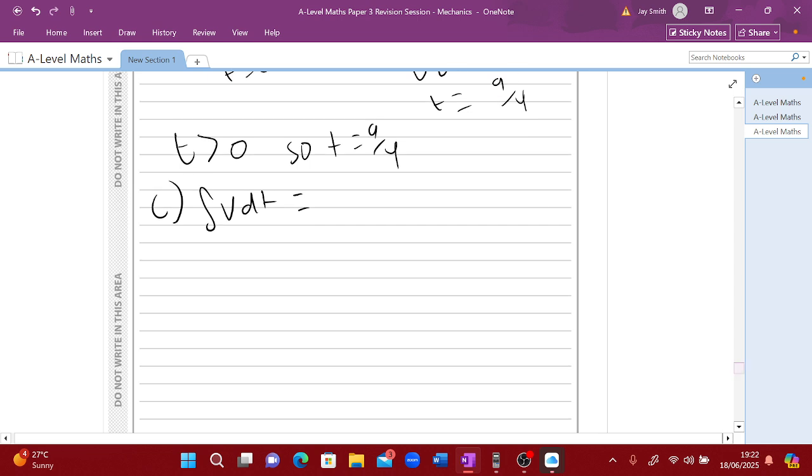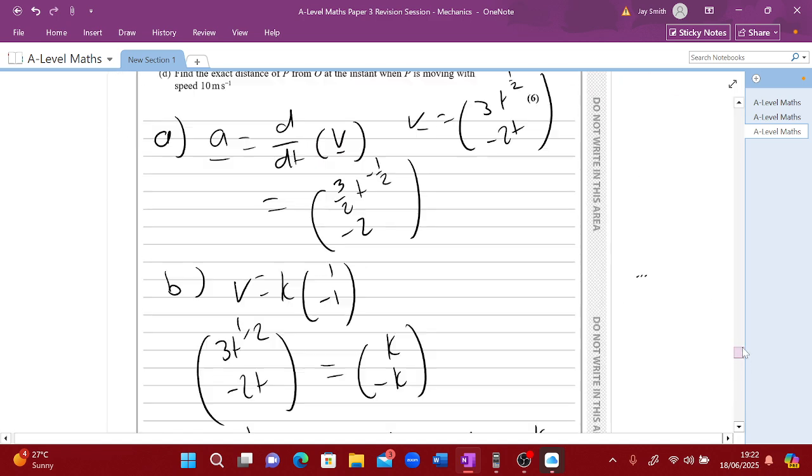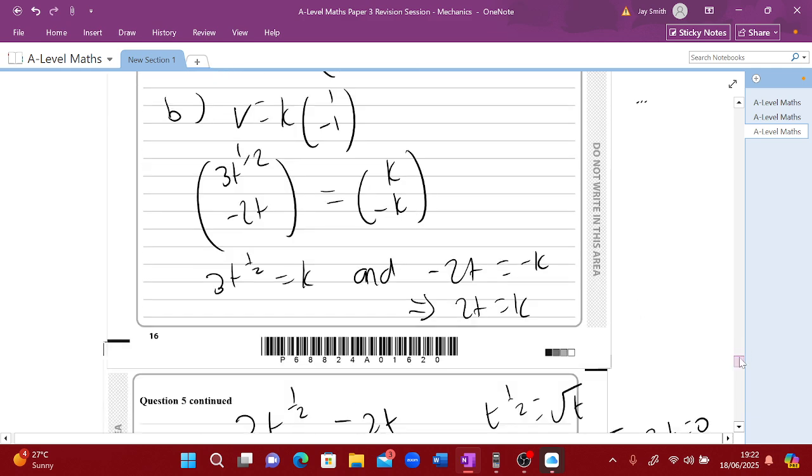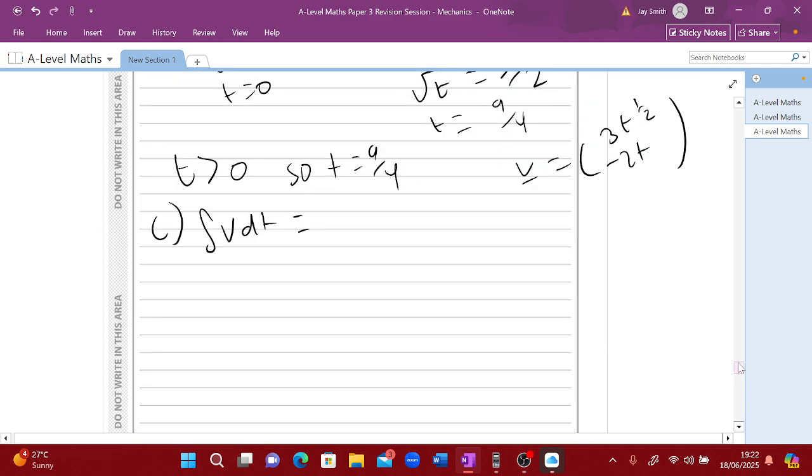So remember, v again is equal to 3t to the half and minus 2t, right? Yes. So then again, like with differentiation, you integrate both the parts separately. So first is the integral of 3t to the half. We're going to add 1 to the power, so half add 1 is 3 over 2.